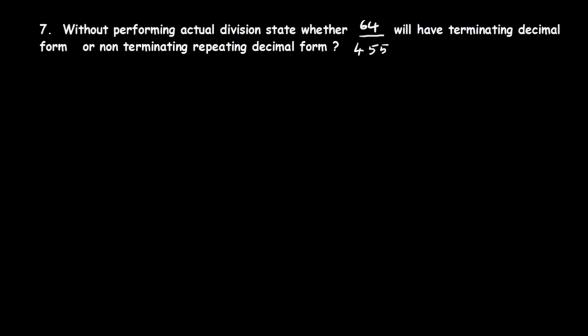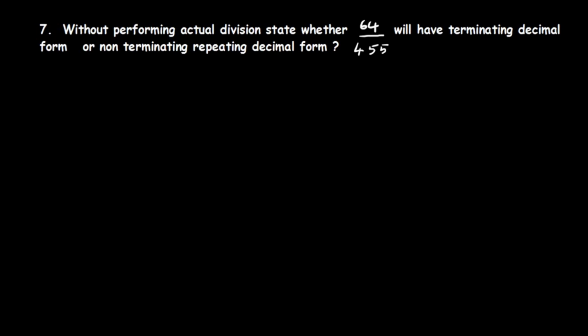The next one: without performing actual division, state whether 64 by 455 will have a terminating decimal form or a non-terminating repeating decimal form. To check this, we should check its denominator.